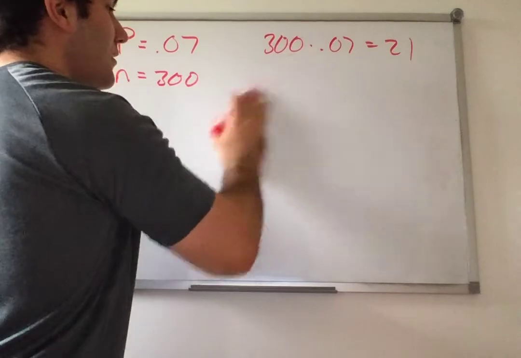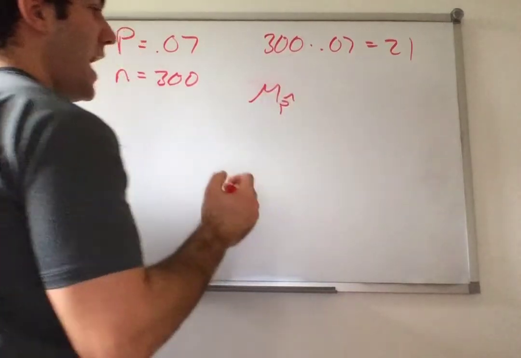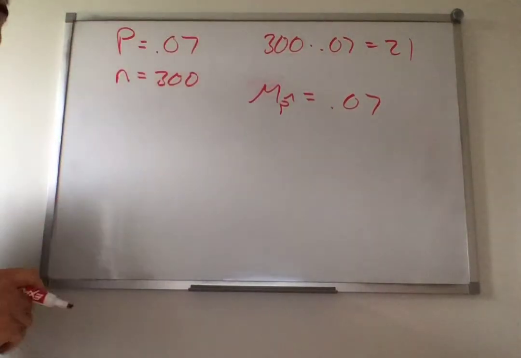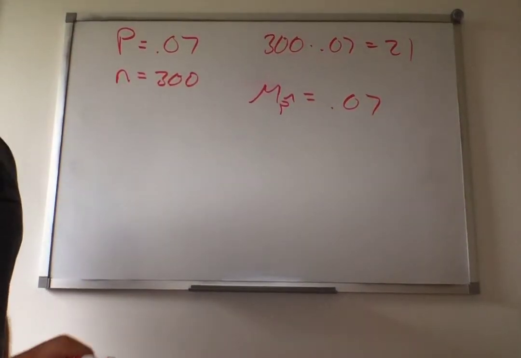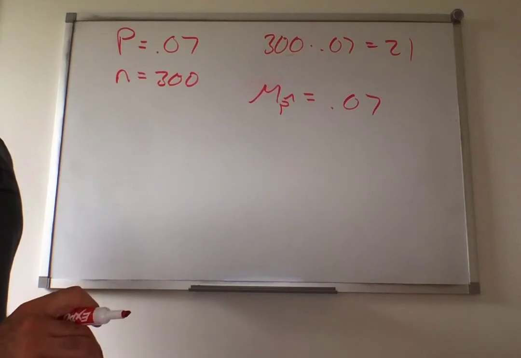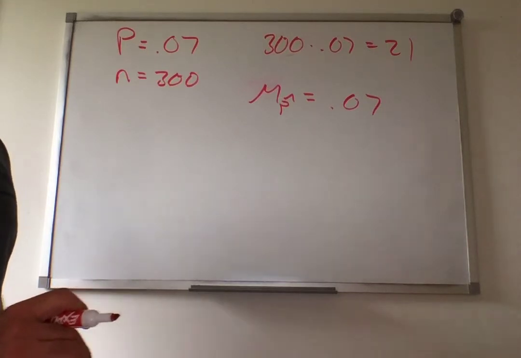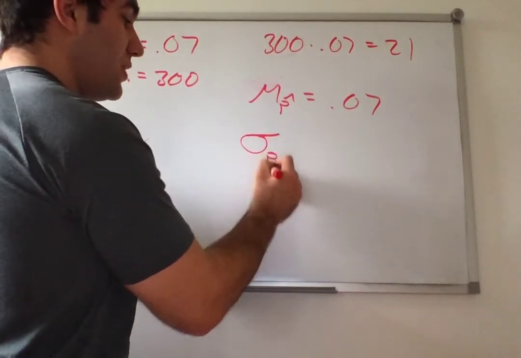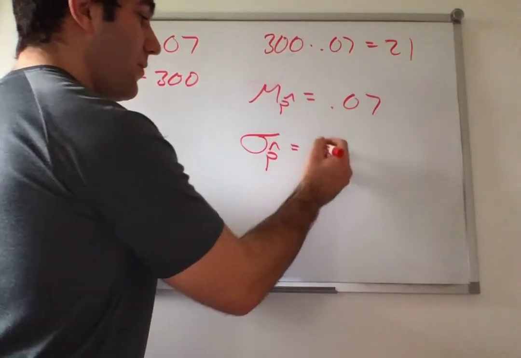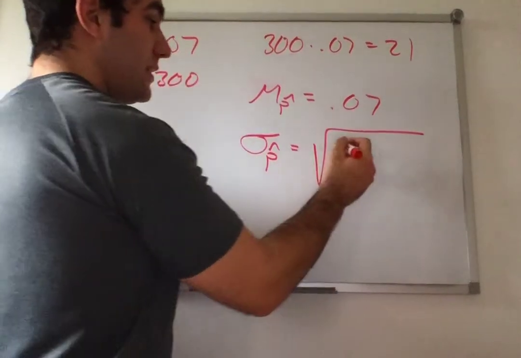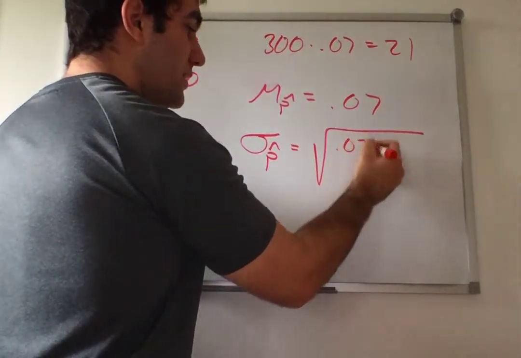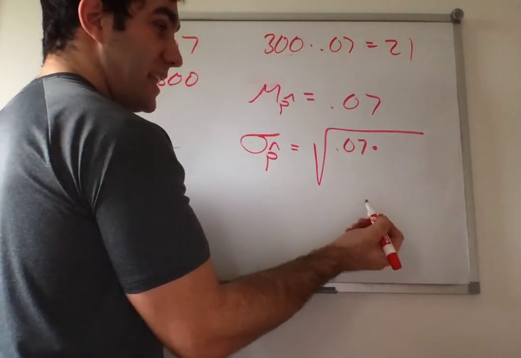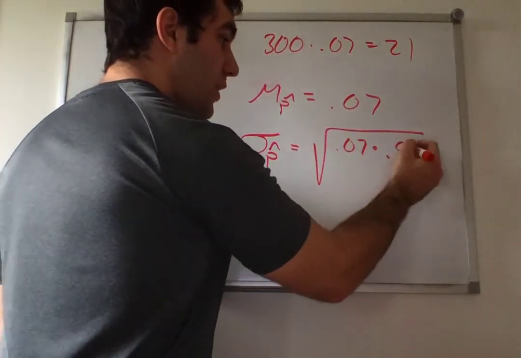Mu of p hat here is equal to 0.07. Out of these 300, that's how many people you would expect not to pay. What is the standard deviation of the proportion of students in this group who may not make timely payments? So the standard deviation for p hat, if you recall the formula, is p, so 0.07, times 1 minus p. You could think of 1 as $1. $1 minus 7 cents is 0.93.